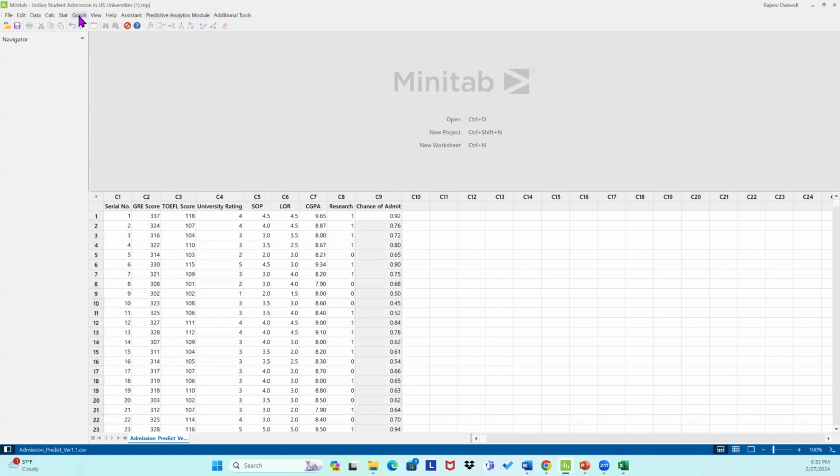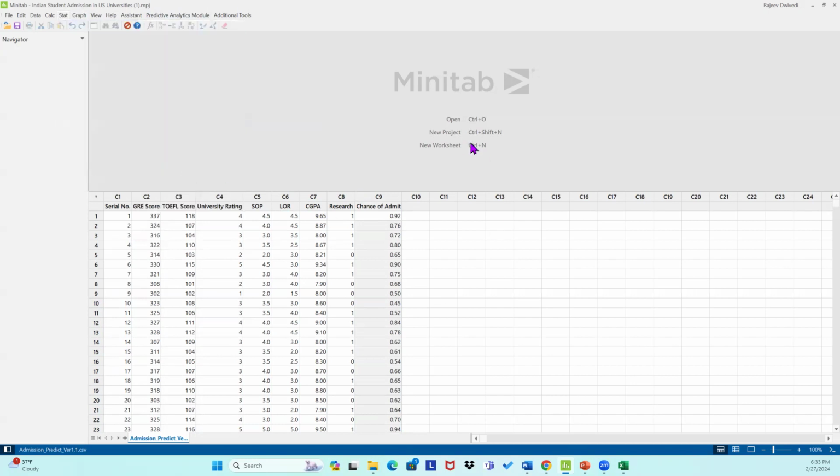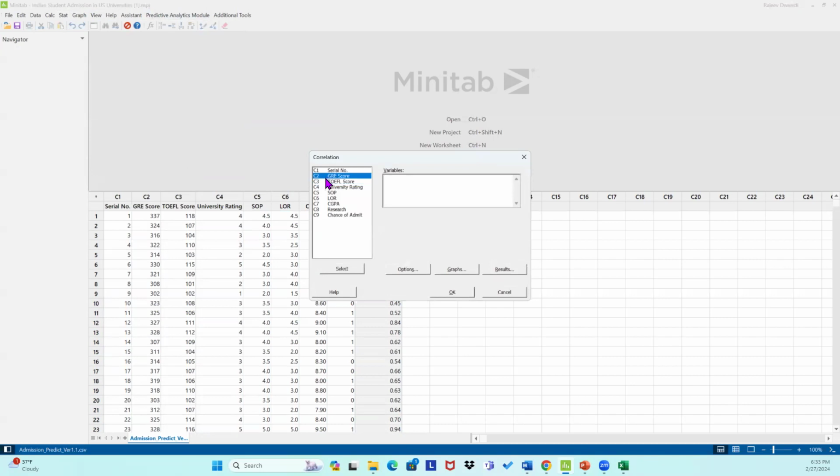So I'm just going to do statistics, basic statistics, and I'm going for correlation. I put all of them together, and I have the options, store correlation, by default 90%. You can change to a different level.